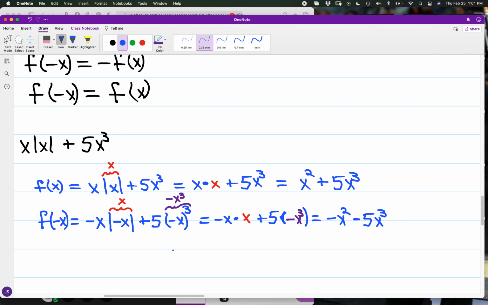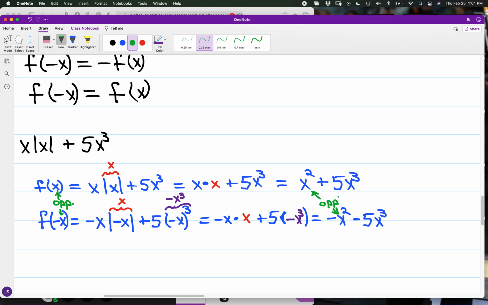Looking at how everything lines up, in terms of the inputs, you have x and negative x, so these are opposite each other. For x squared plus 5x cubed and negative x squared minus 5x cubed: the first term is x squared, and for the second, negative x squared, so these are opposite.